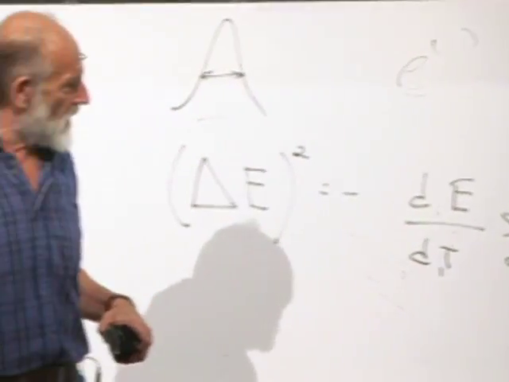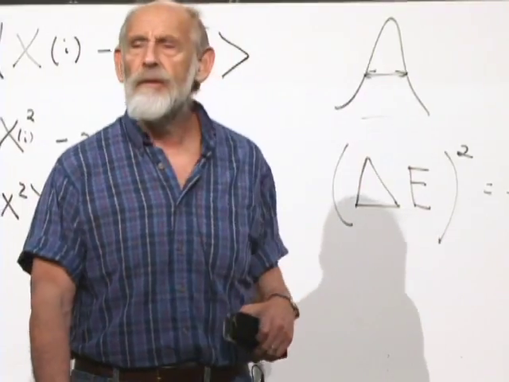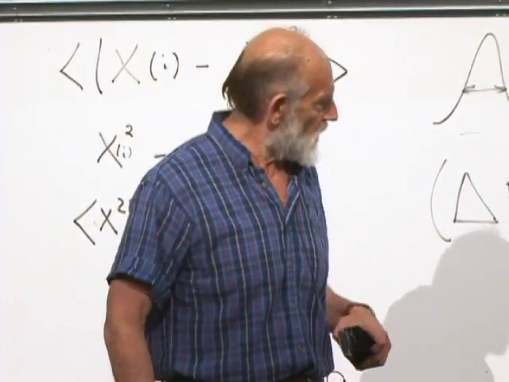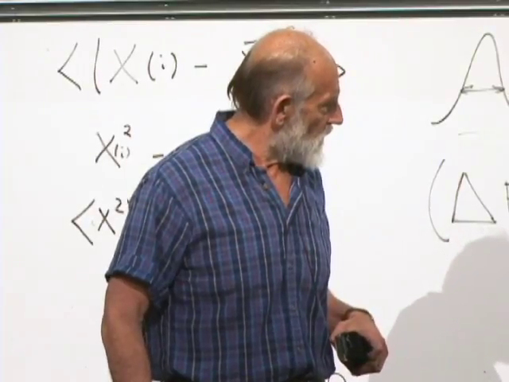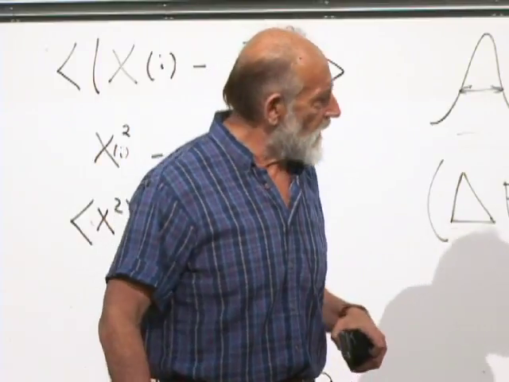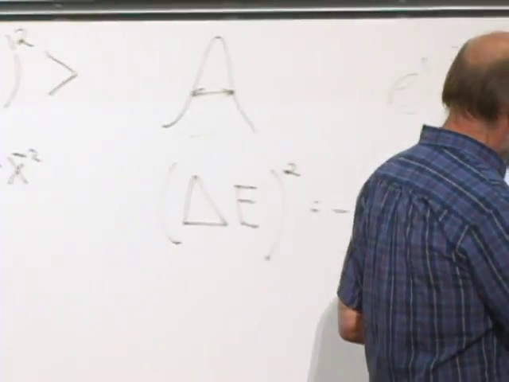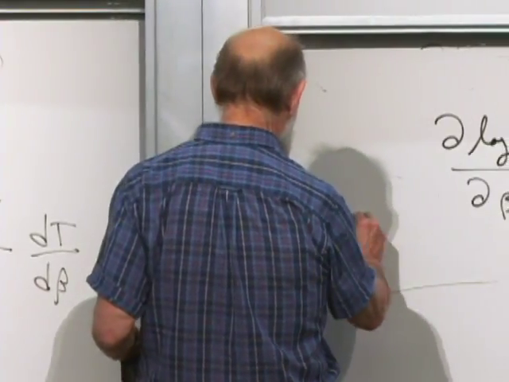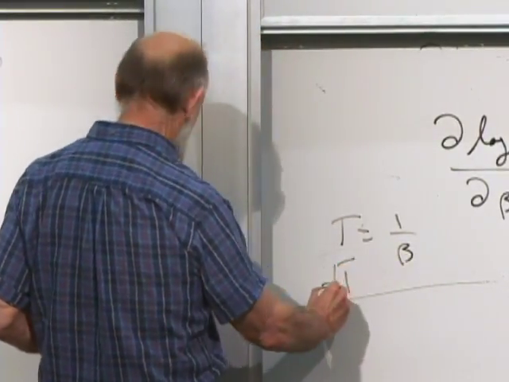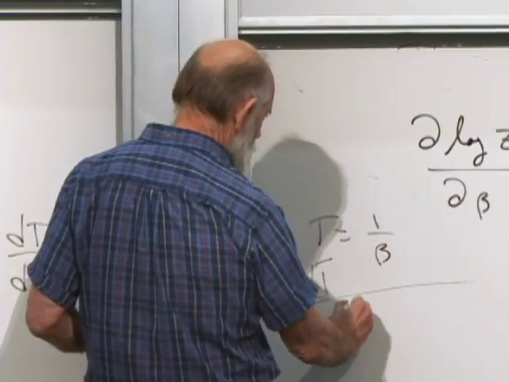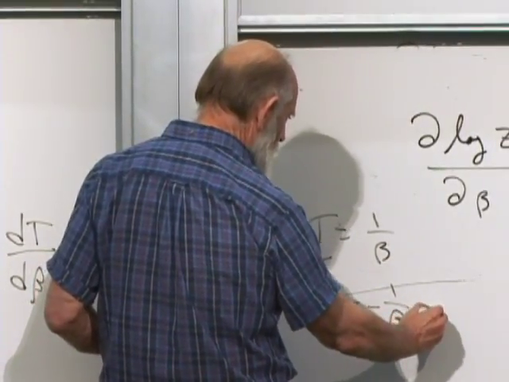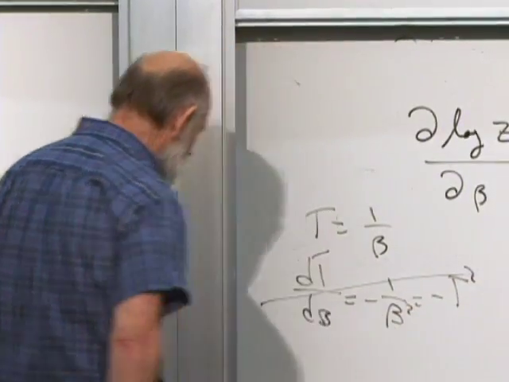So what's dT d beta? Let's write that out. T is equal to 1 over beta. dT by d beta is equal to minus 1 over beta squared, which is equal to minus T squared.